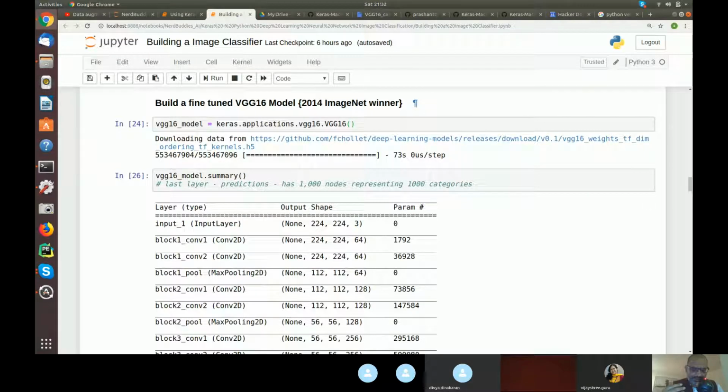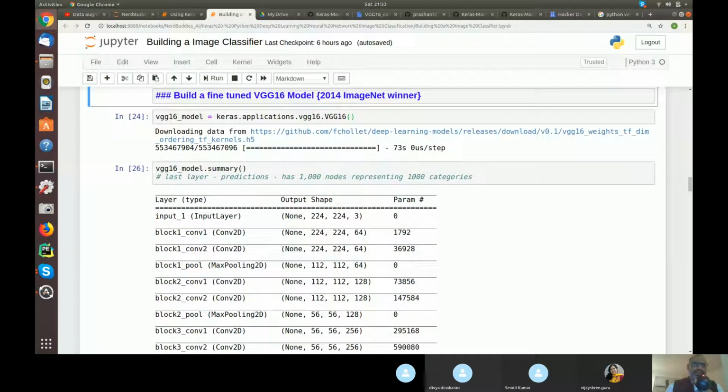And for decades, there was no major improvement on the accuracy. And then deep learning started, and all of a sudden there was a huge level of accuracy. And now I think the algorithms are more accurate than humans in categorizing the images. So the 2014 winner was VGG16, so it's a relatively old model.